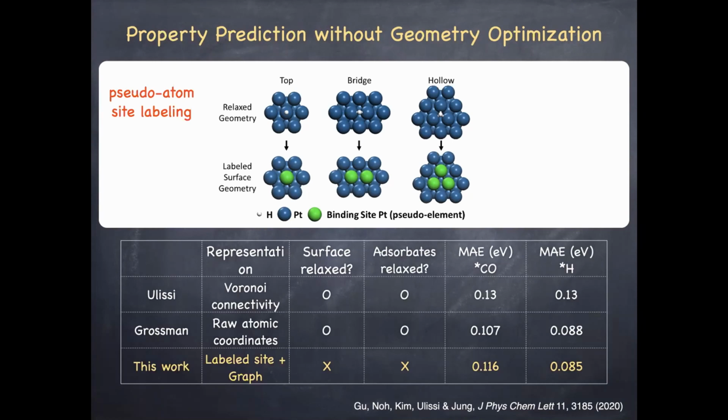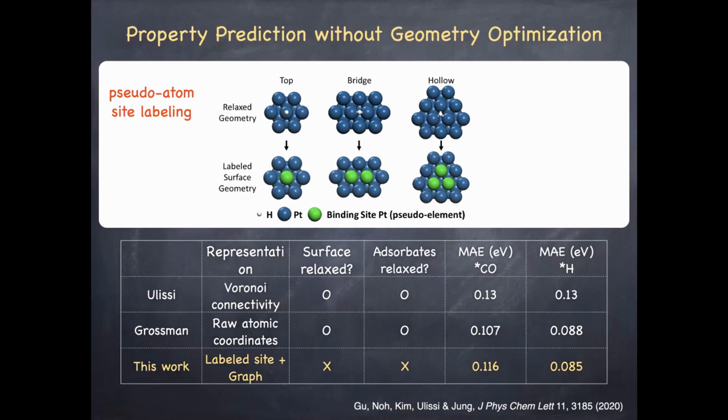And then in usual situations, you would put an adsorbate on top of that and perform the geometry optimizations. But we bypass that and we label the binding atom as a pseudo atom and then encode that using graph convolutions and try to predict the binding energies using the model.